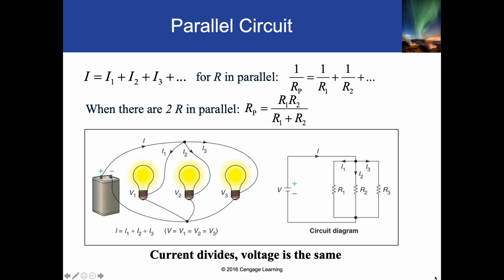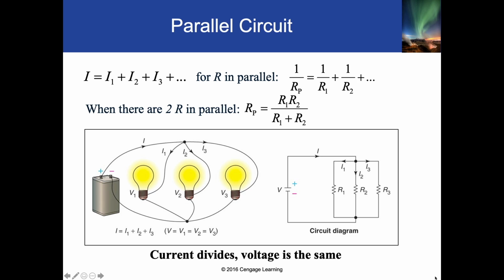So the big difference between the parallel circuit and the series circuit is that in the series circuit, you have to go negative to positive, or positive to negative. You have to go all in the same direction. Whereas here, we have all the positives on one side over here and all the negatives on one side over here. They don't have to be flowing in the same direction. Does that make sense?